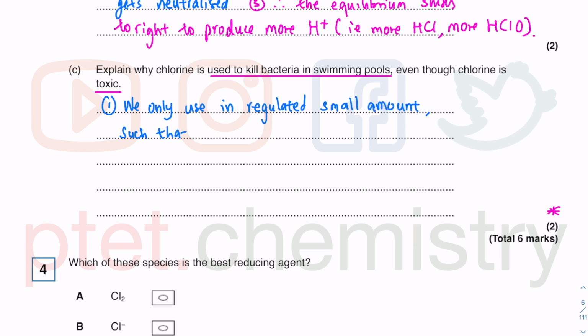such that it would not be lethal. It wouldn't really kill you even though it's toxic. But of course, the second reason being what I mentioned earlier, the health benefit compared to not having clean water in the swimming pool.